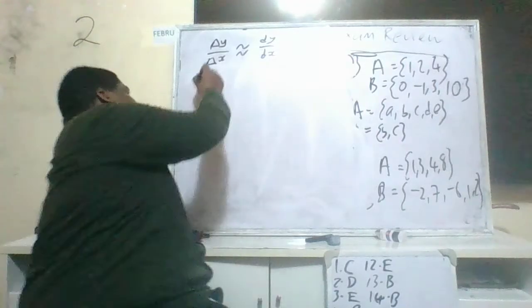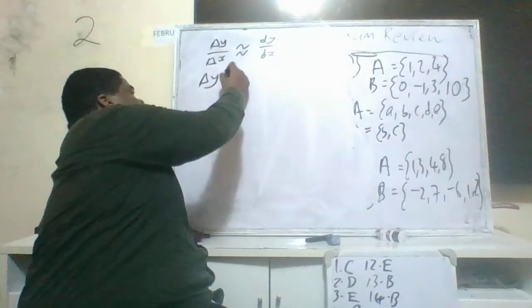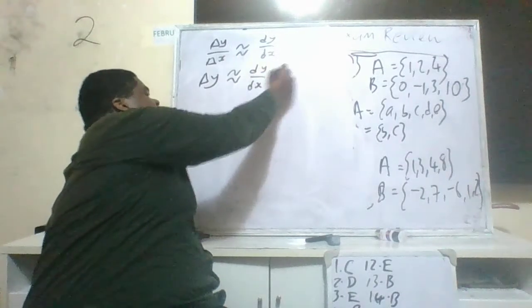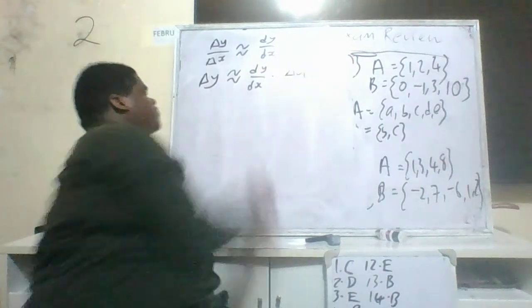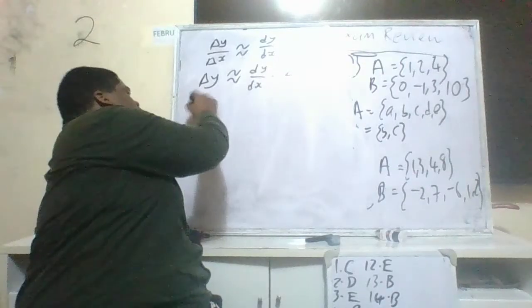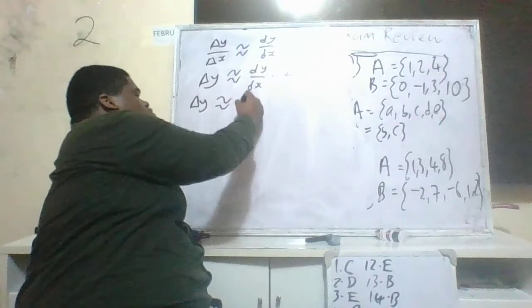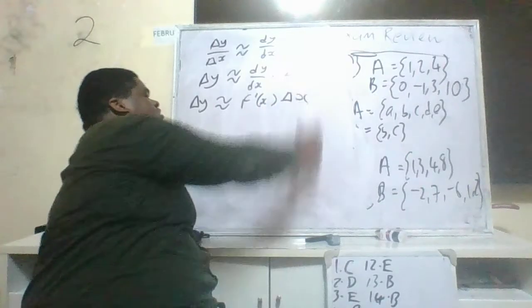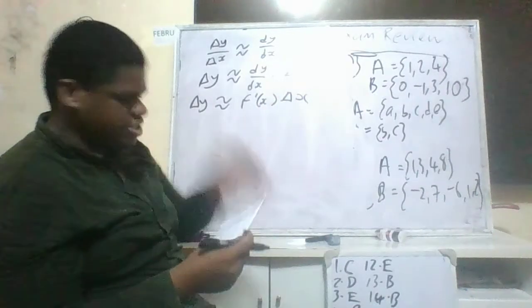So that means that change in y is approximately equal to dy/dx times change in x, or you can say change in y is approximately equal to f prime of x times change in x. Whichever way you want to put it.